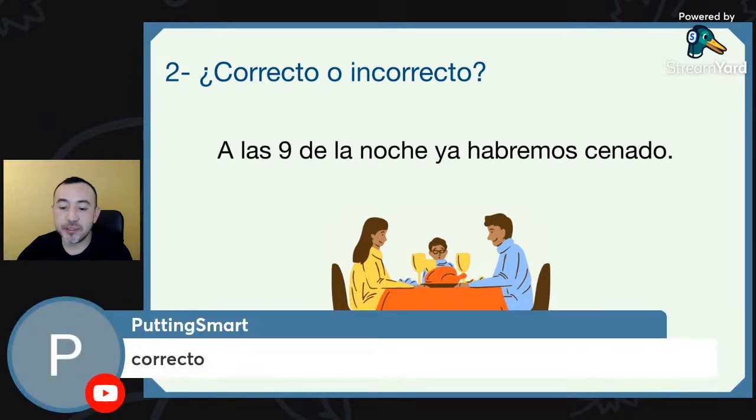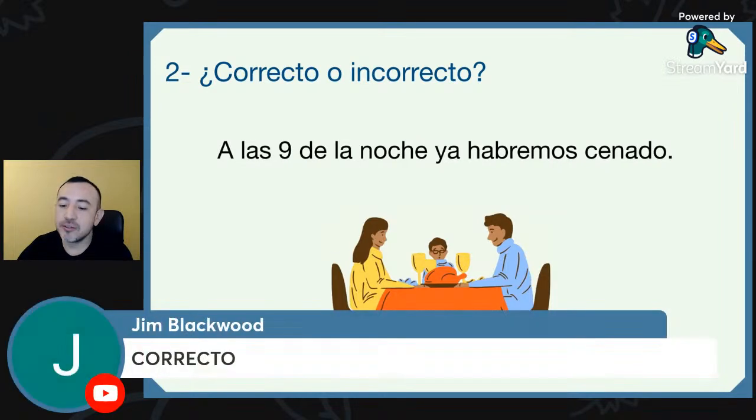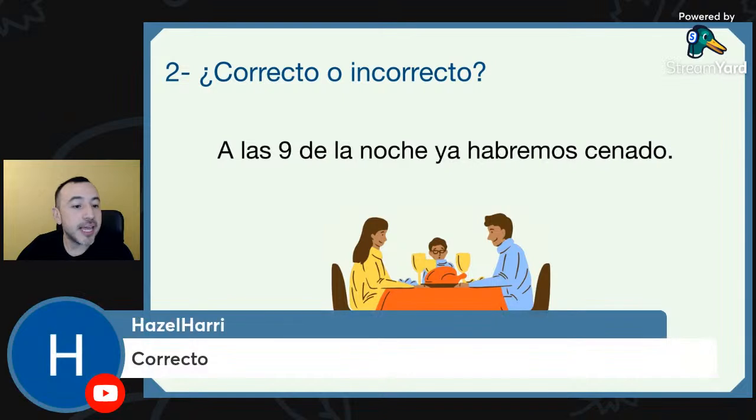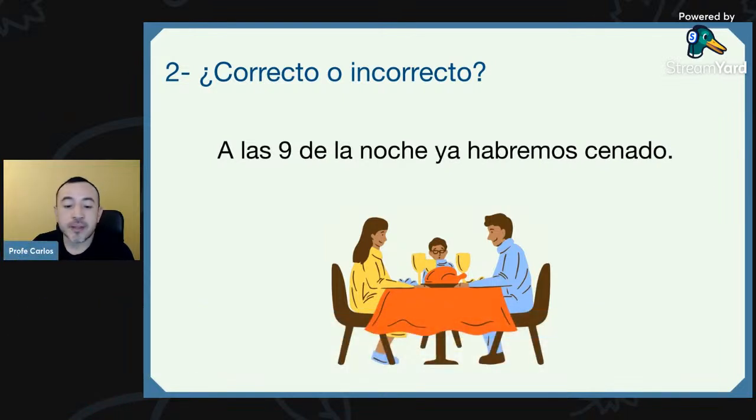And we have Pudding Smart saying correcto, Jim correcto, and Hazel correcto. And you guys are correct. Excellent. This is a correct sentence. I'm always trying to trick you a little bit because we have that ya before the structure.